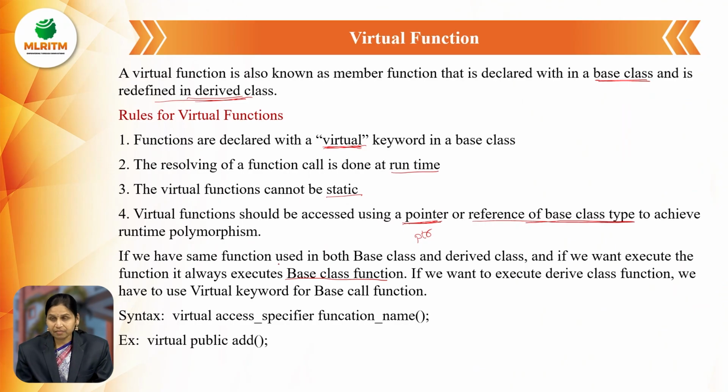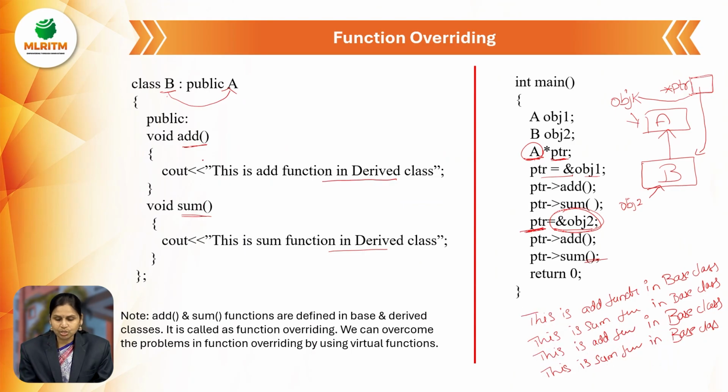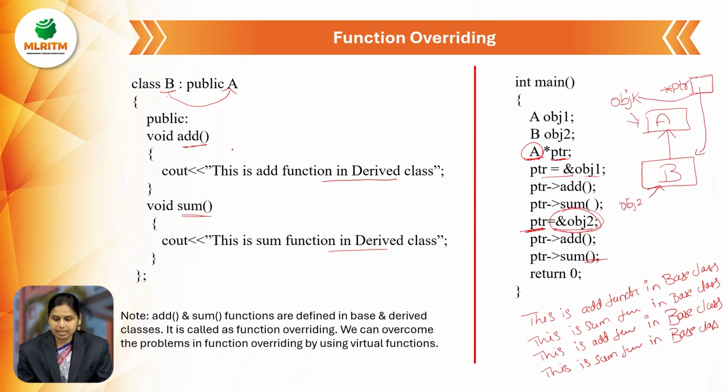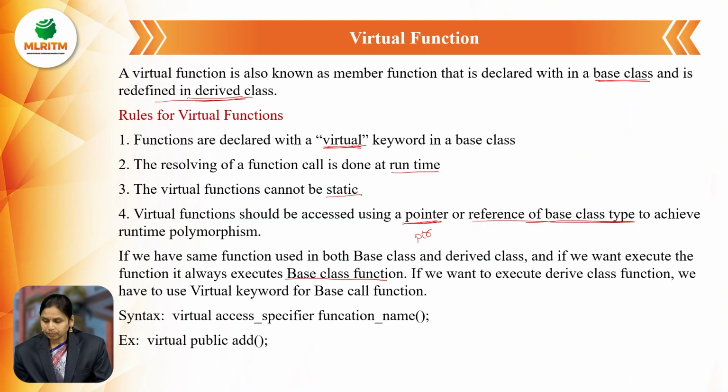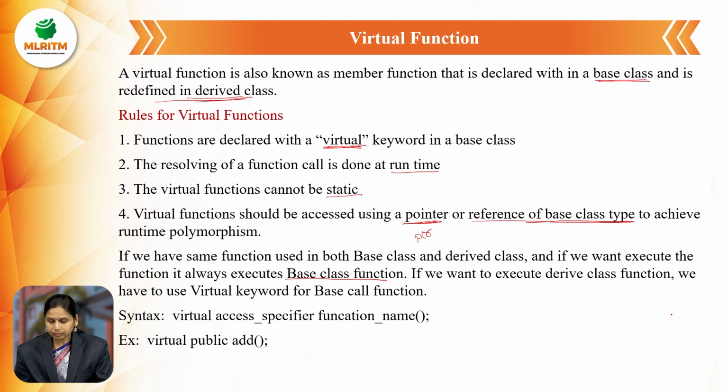These add and sum are the same functions used in base class and derived class, and when we execute the function, it always executes the base class function. That's why when we observe this output, we are always getting the base class output only.